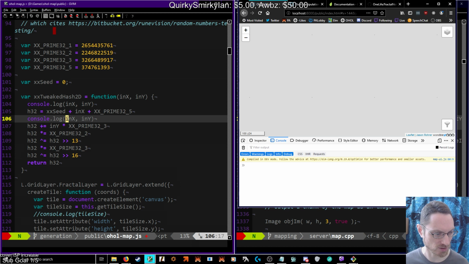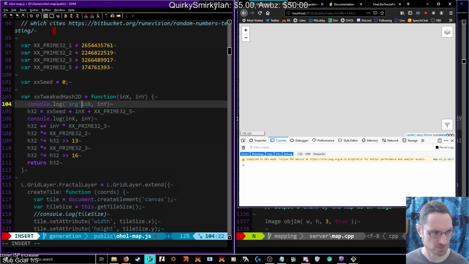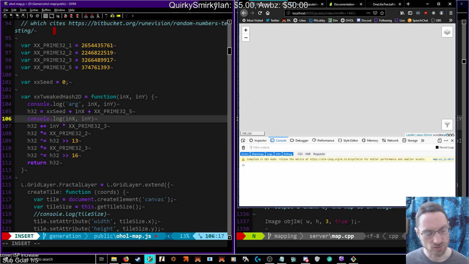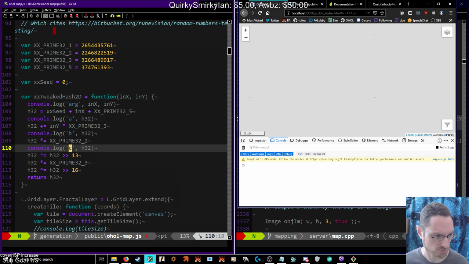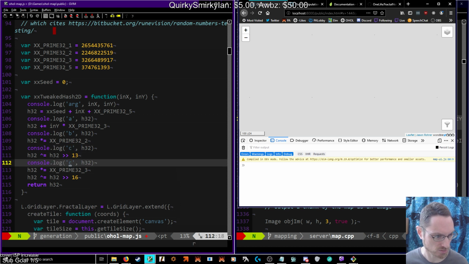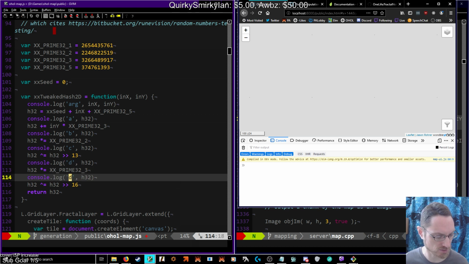Second of all, okay, we don't have a seed. But I think 0 is still a valid seed. So we've got step A, where really all we have is H32. RB, where are we? Oh, if that's a shift down versus a shift rotate, that might be a very significant detail.